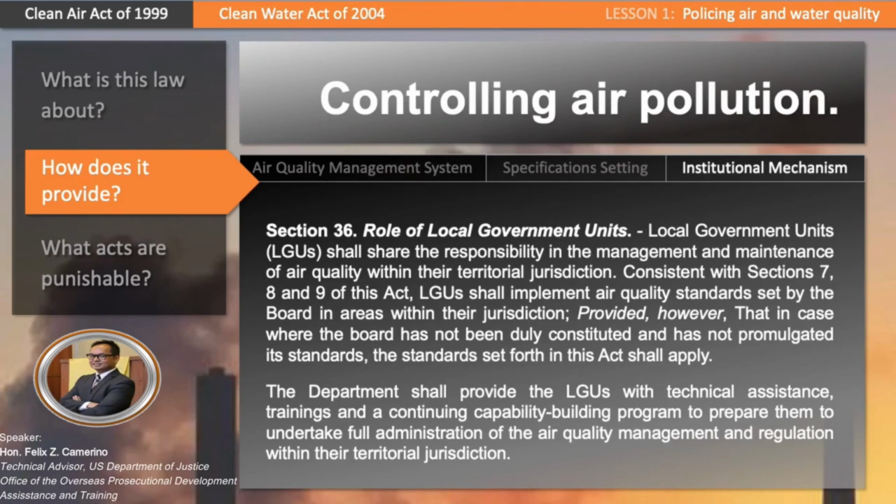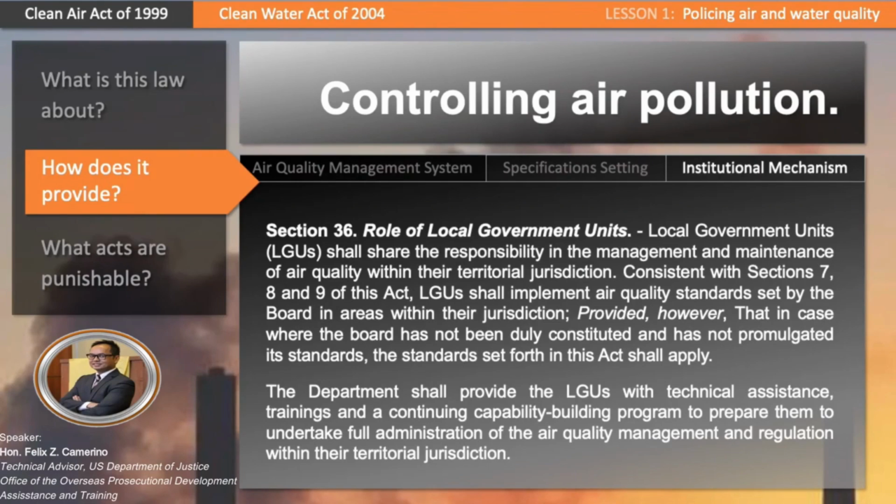and so on and so forth. The other point that needs to be made here is that the LGUs will not be on their own, even if the law mandates them to take part in this activity of controlling air pollution. They are provided some assistance by the DENR.